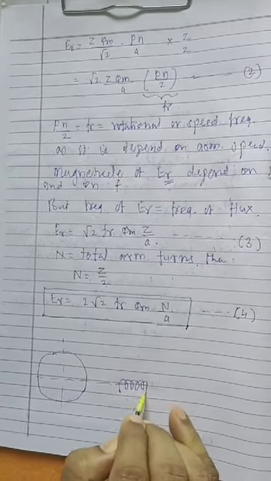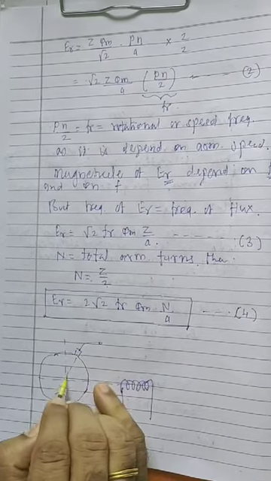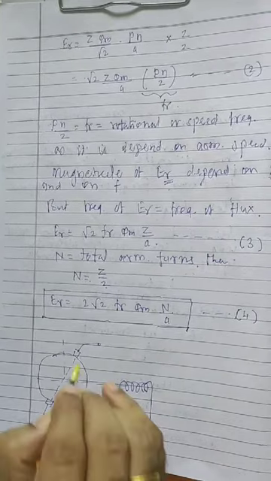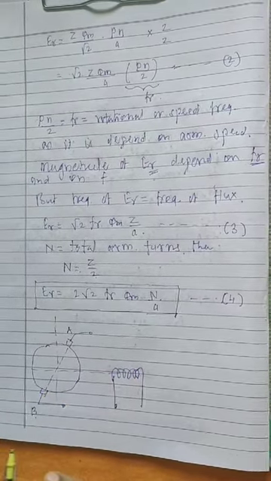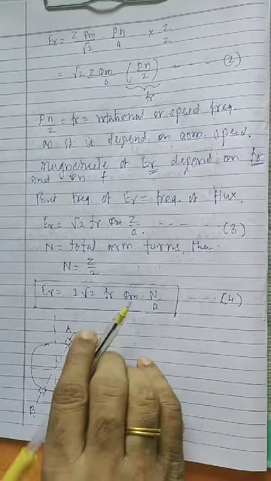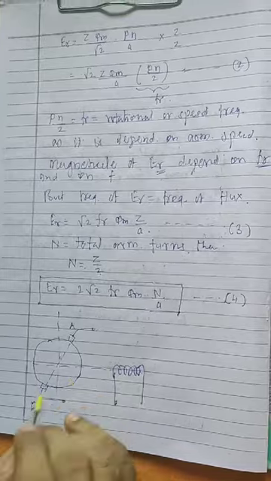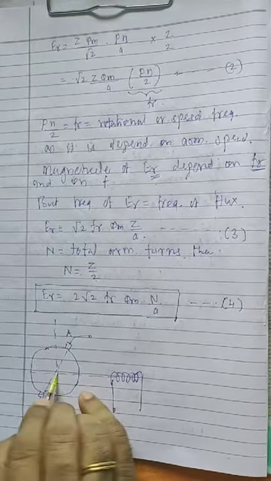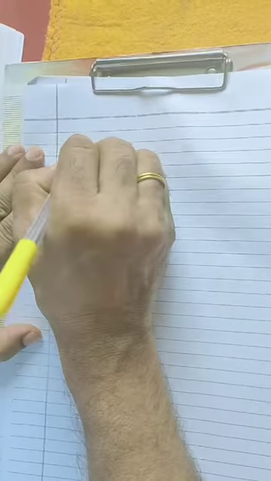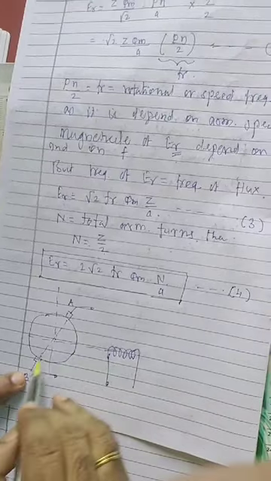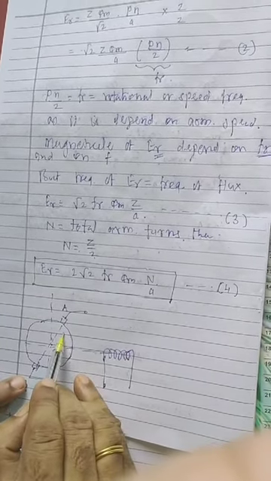So this is the field winding, and this is brush A, and this is brush B. Assuming that there is brush shifting arrangement and brushes are shifted like this, in this case transformer EMF and rotational EMF both will generate.